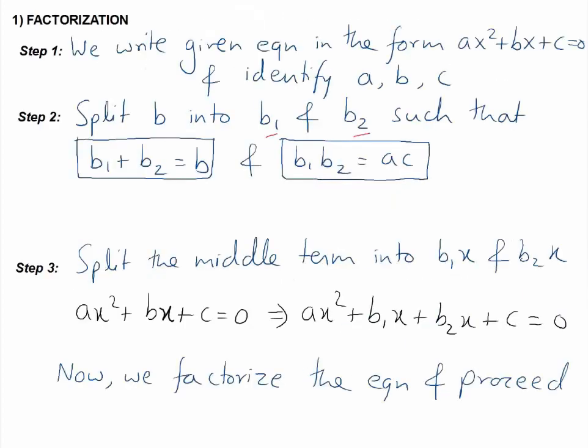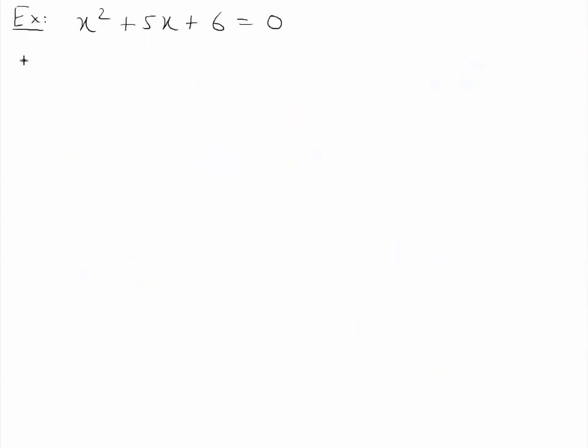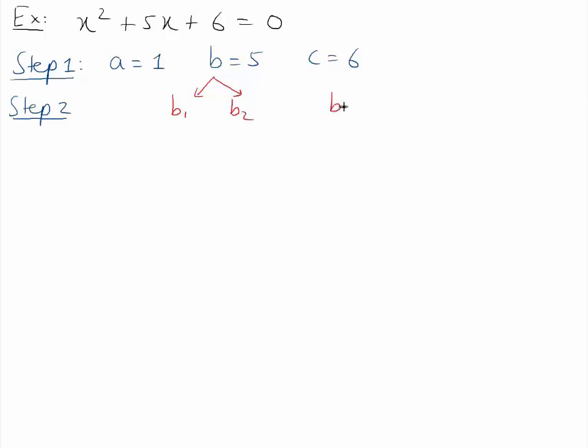Now let's understand this factorization method by an example. This is a quadratic equation, so let's do it step by step. Step 1 is we identify a, b and c. Here a equals 1, b equals 5 and c equals 6. Step 2 is we split b into two parts, b1 and b2, such that b1 plus b2 equals b, which is 5, and b1 b2 equals ac, which is 6.